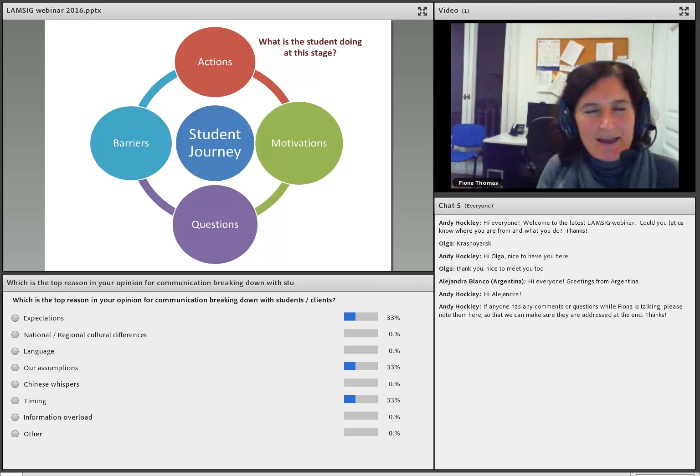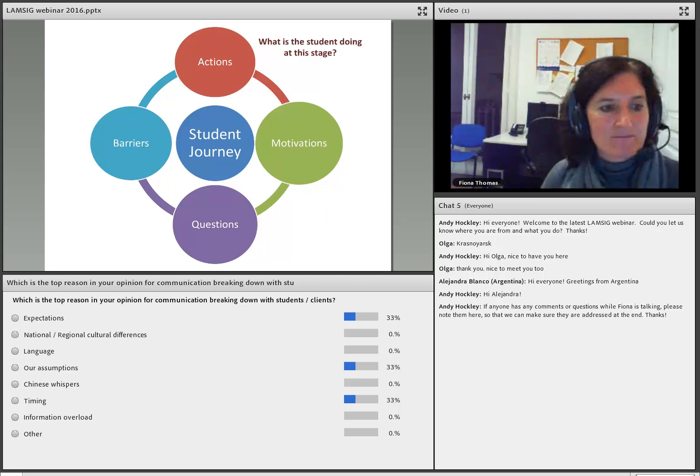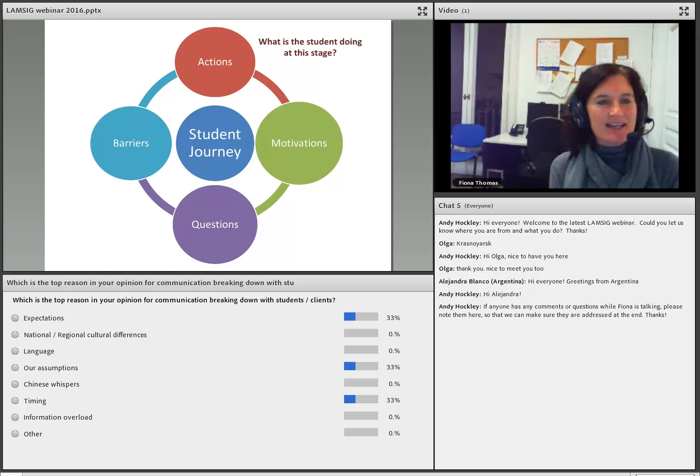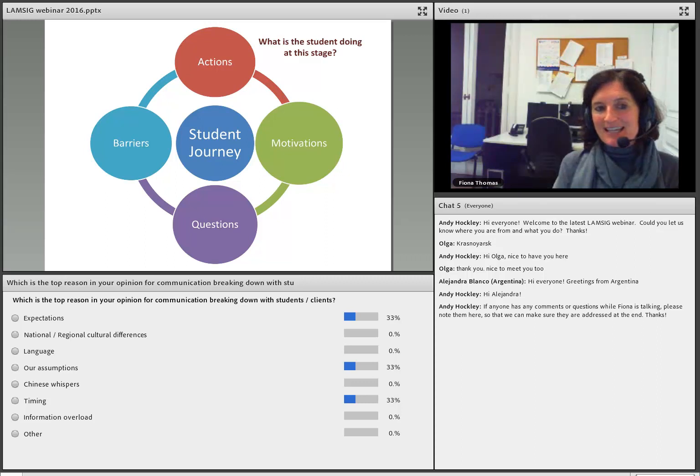So what it's helping us to do is to select what we need to communicate and when we need to communicate it. The idea is that you think about the students' actions, their motivations, questions and barriers at each of these stages.